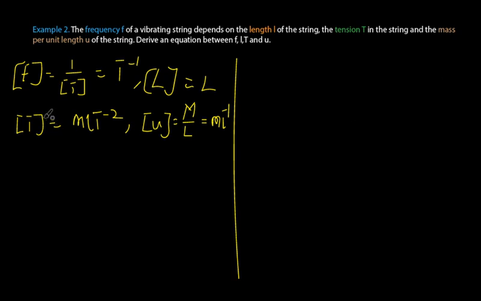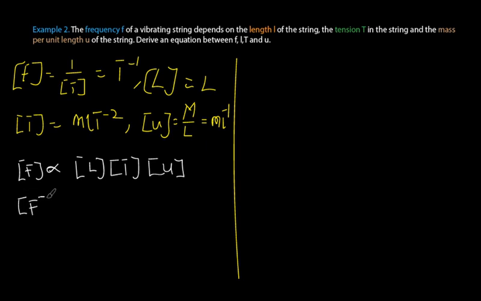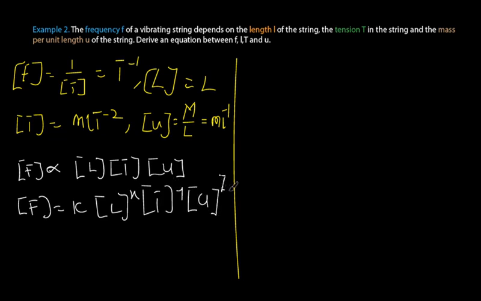Once we have this, we can go ahead and write the relationship between these quantities. So we have frequency being proportional to the length, then the tension, and then the mass per unit length. Once we remove the proportionalities and introduce a constant, we have F is equal to K L raised to the power X, T raised to the power Y, and mu raised to the power Z. From here let's input their dimensional equations.